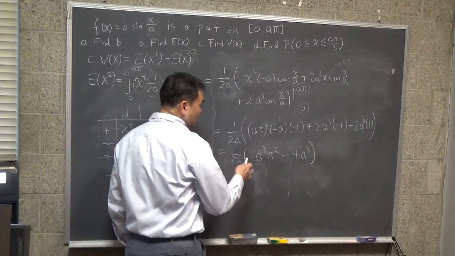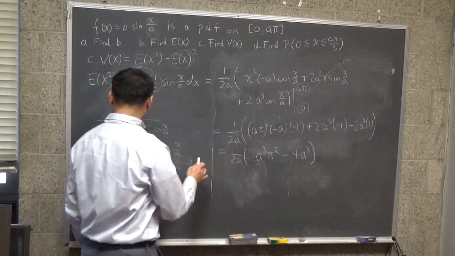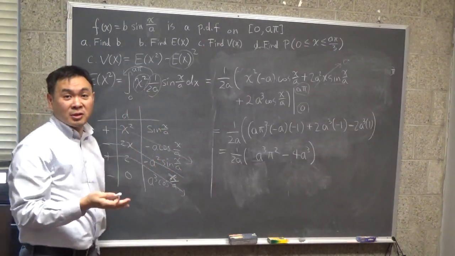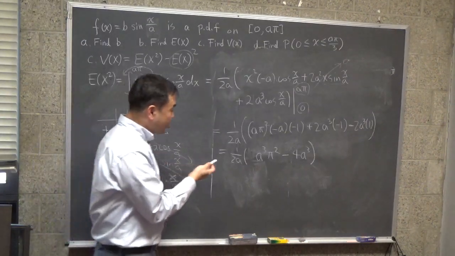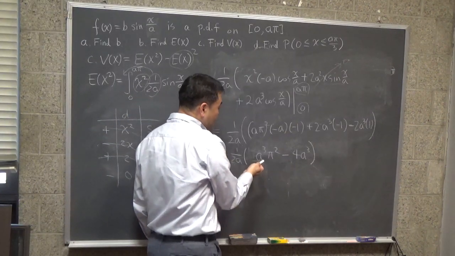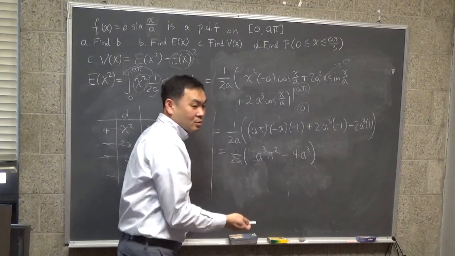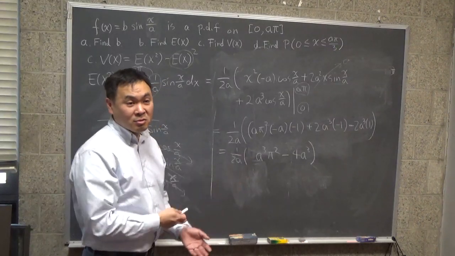All right, so one thing that you should check is that since you're taking the average of the x squared value, that value can never be negative. E of X, it could be negative, but E of X squared can never be negative. So, see, pi squared is about 9. 9 minus 4 is bigger, about 5. So, indeed, this is bigger than 0.